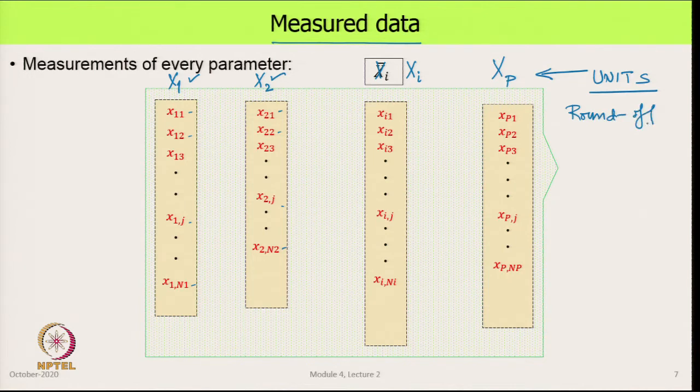So, we express the result by rounding off to the value which is realistic about what the instrument was capable of doing. So, this is the data that we have obtained. This is what we call the measured data, or we just call it data. This is one set of information.